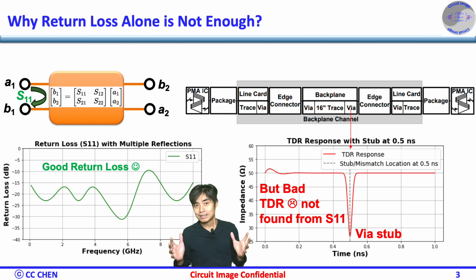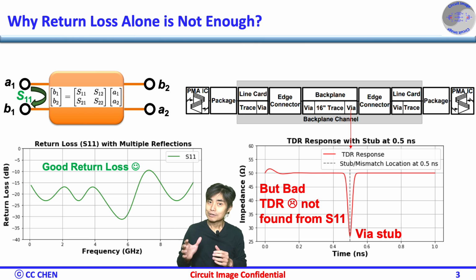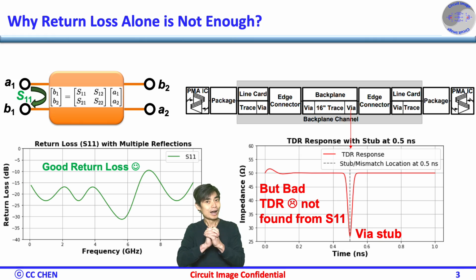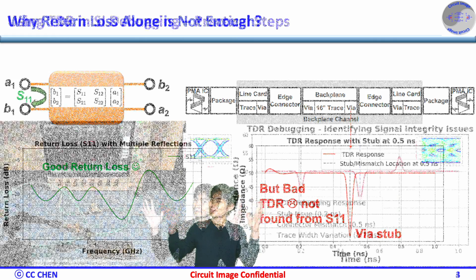Without TDR, debugging high-speed links is like navigating without a map. TDR allows precise localization of problem areas, saving time and effort. This is why serious SerDes designers rely on both S parameters and TDR together. So, how do we actually apply TDR in real debugging?